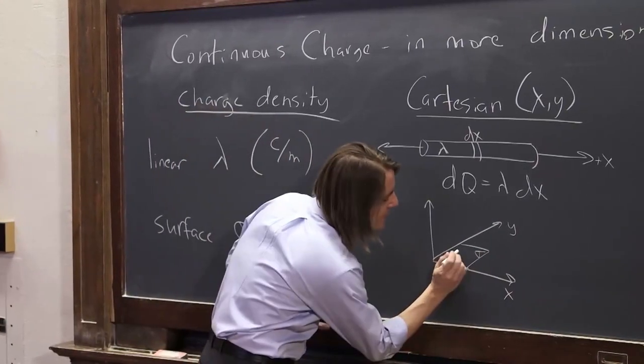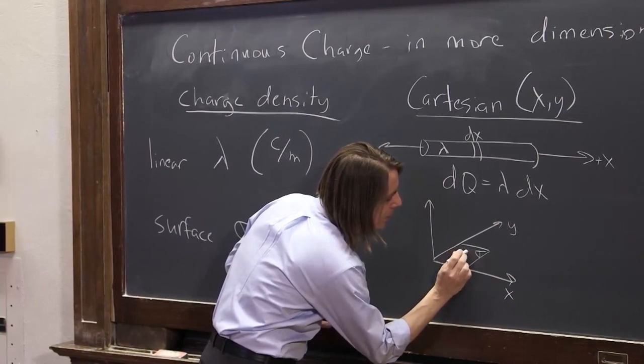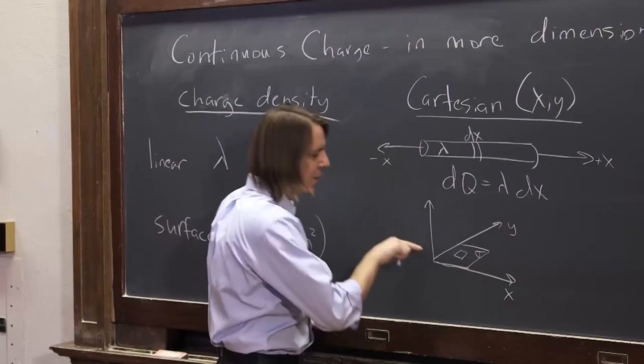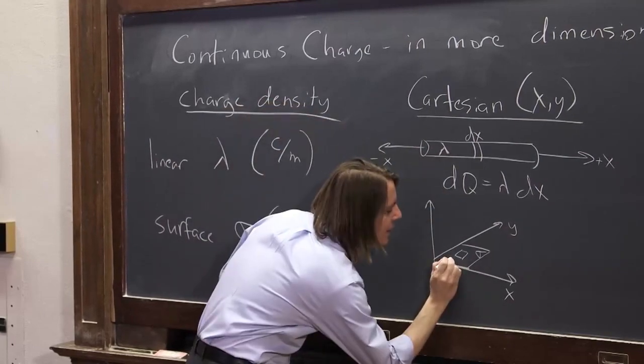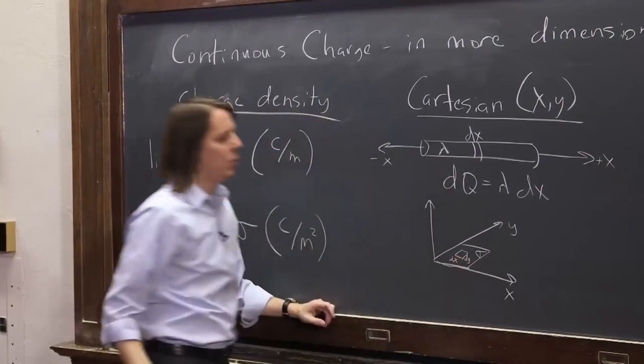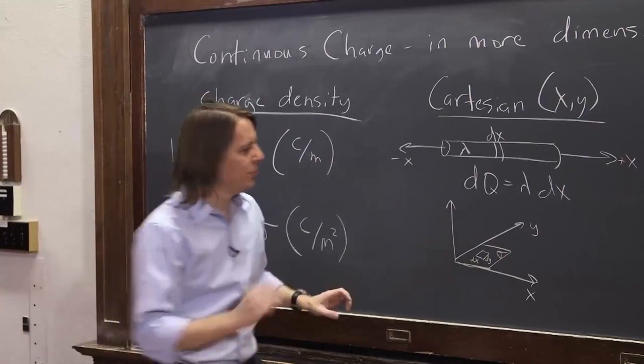Okay? So in this case, the area would also be a little square like that. And its size is based on a little differential dx in the x-axis, this is getting small, and a little dy in the y-axis like that. So we would just divide this up into a little differential area.